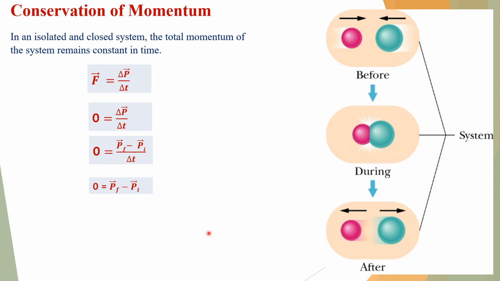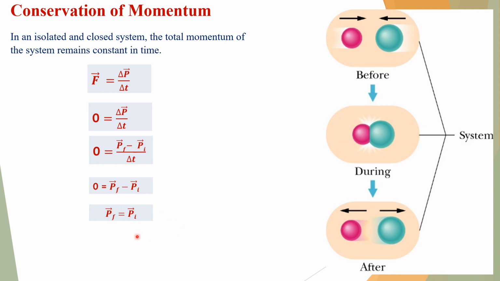Any term multiplied by 0 is 0, and we can shift this Pi to the other side of the equation and we get final momentum is equal to initial momentum of the system.